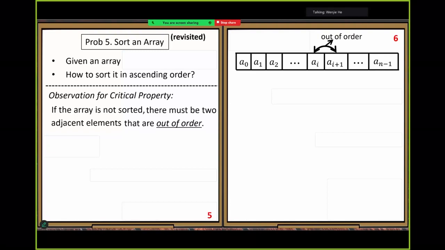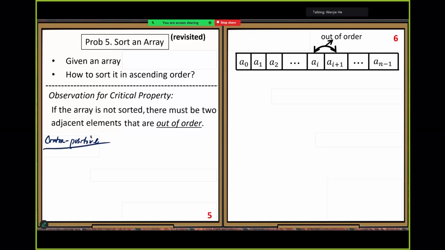Here we use a basic method you also learn in discrete math: the contrapositive method to prove a statement.